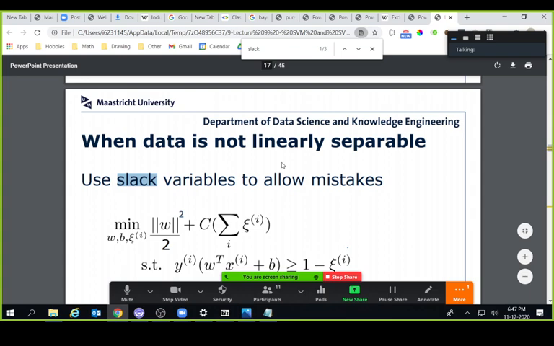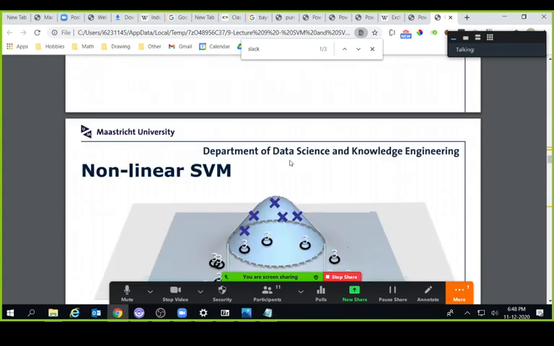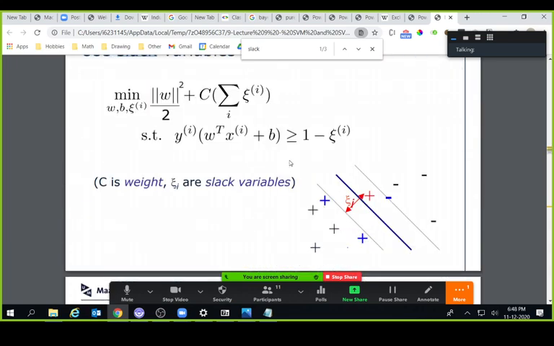Slack. Okay. Yes. Oh, okay. That's already not good. Okay. So basically, let's say that we have this data, right? Here we can separate it linearly. Yes, it's a bad example.